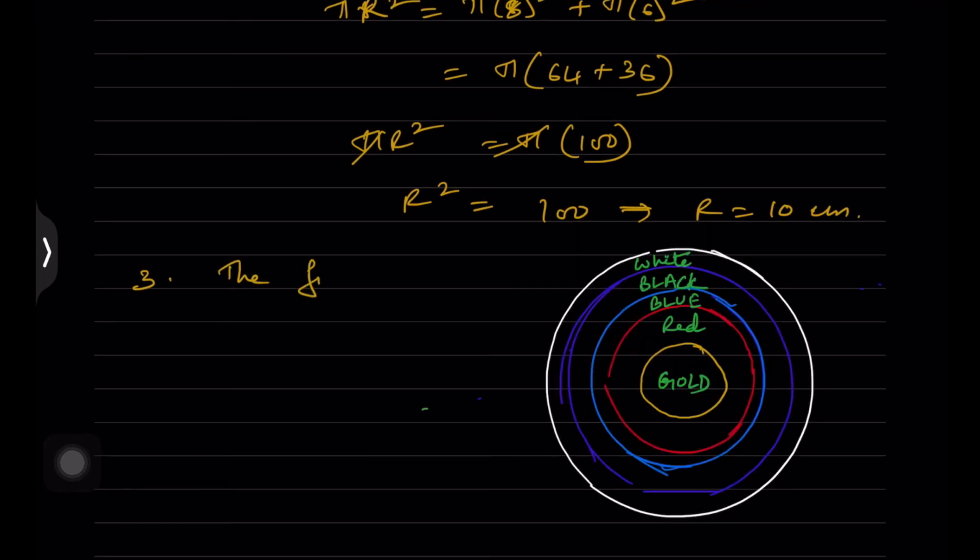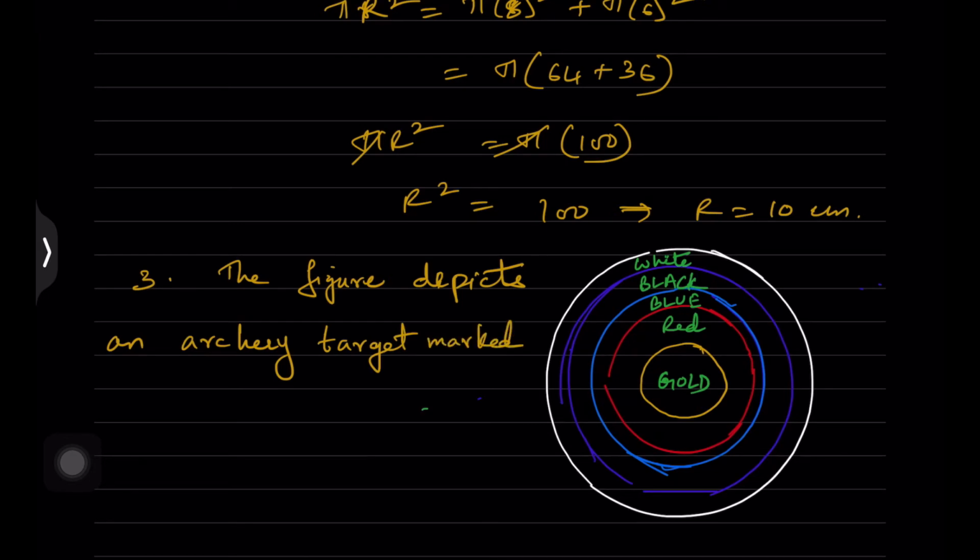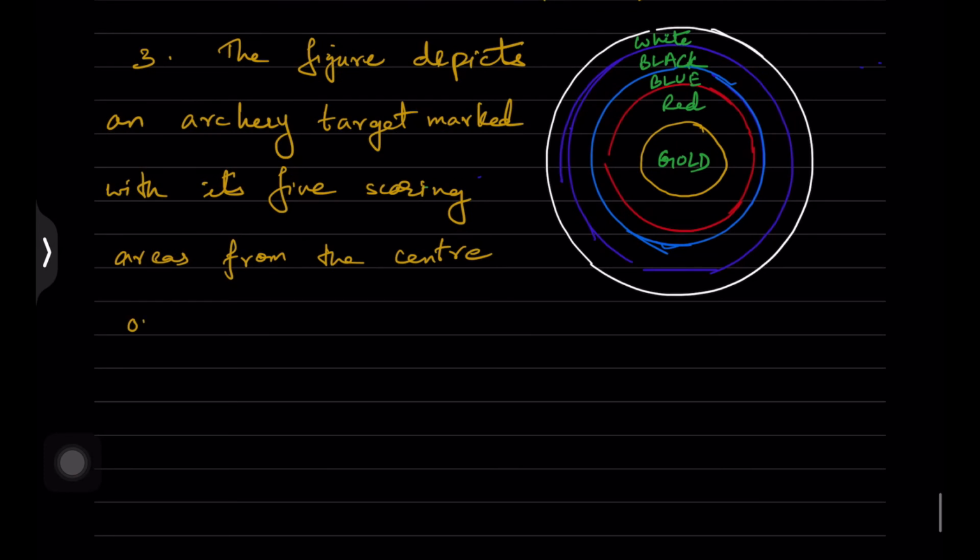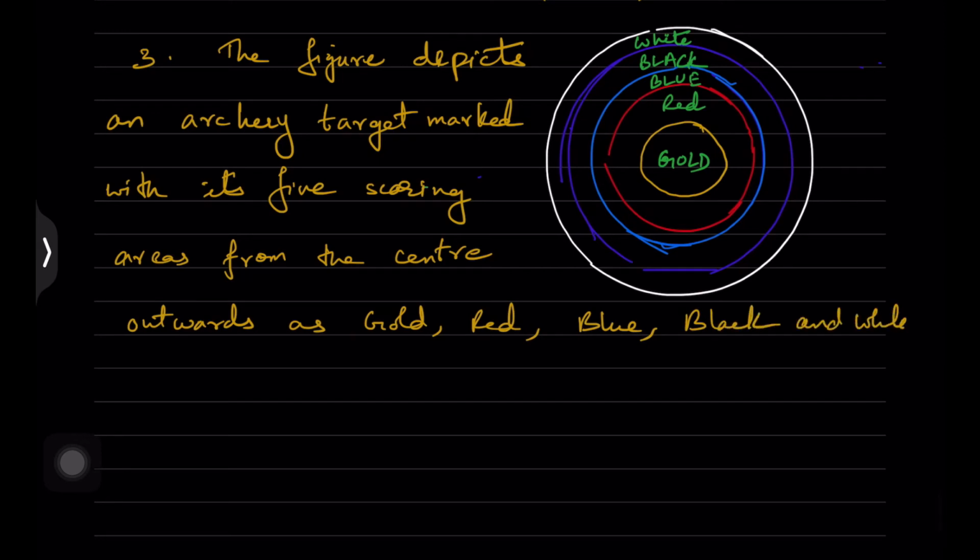So the figure depicts an archery target marked with its 5 scoring areas from the center outwards as gold, red, blue, black and white. So these are all I have written over there.